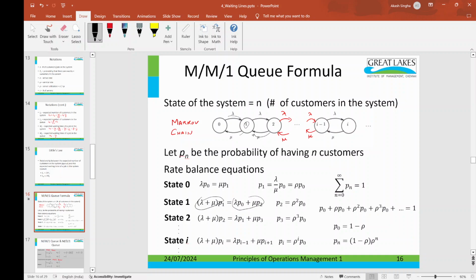From that, P2 we can calculate as rho square into P0. So this is how, if we have n states, these are the formulas, and the total of them will be 1. From that we can calculate P0 as 1 minus rho, and Pn equals (1 minus rho) into rho to the power n.